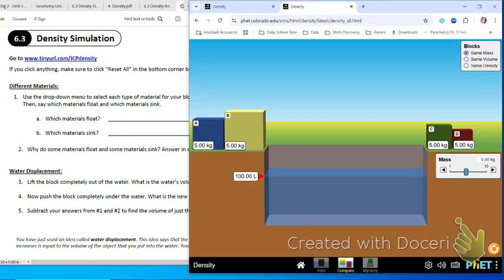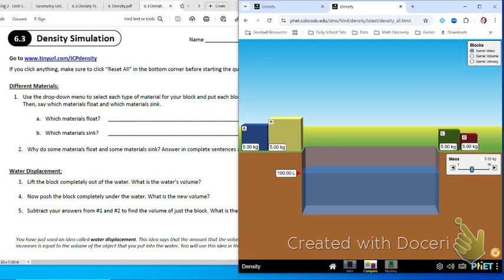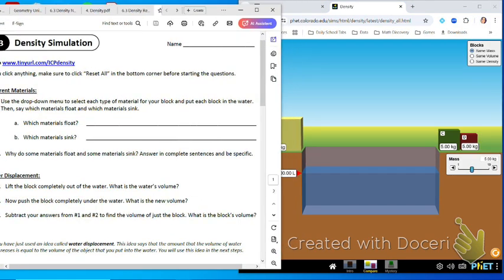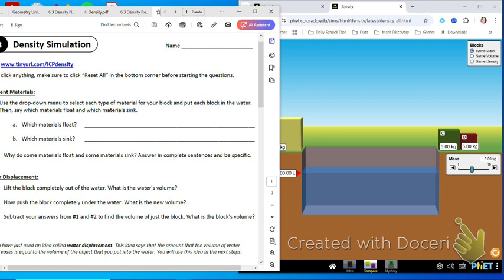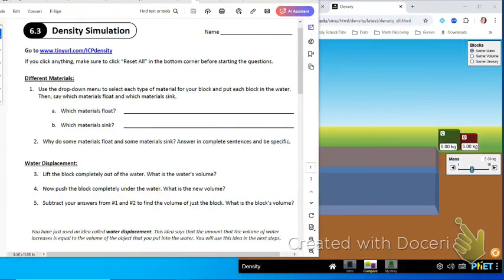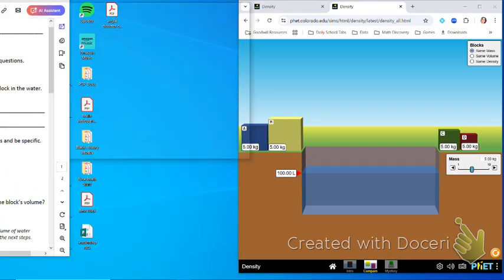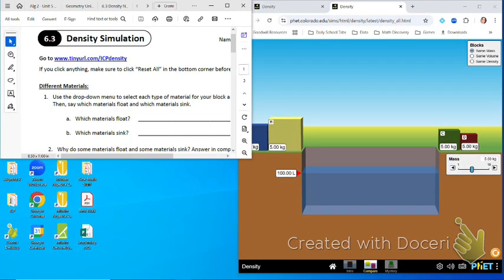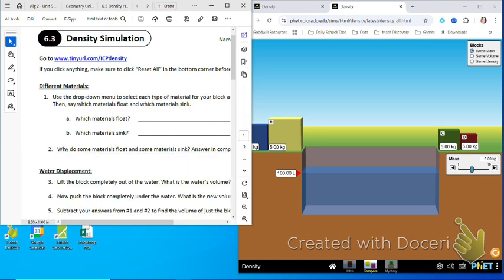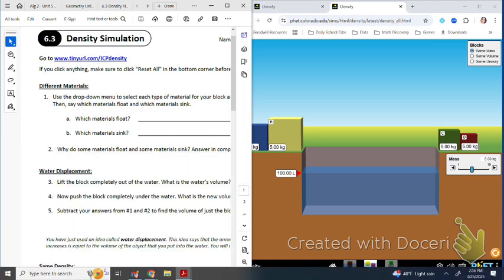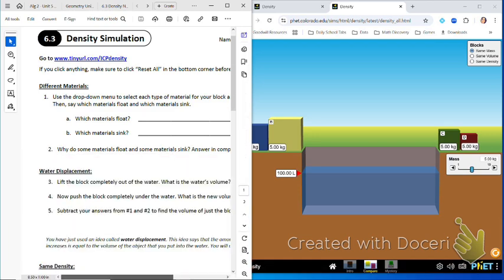So we've got this simulation. Carry them all the way to the side and make it to where it'll just go natural. It should just prop on each side. And then just do that with the other one.